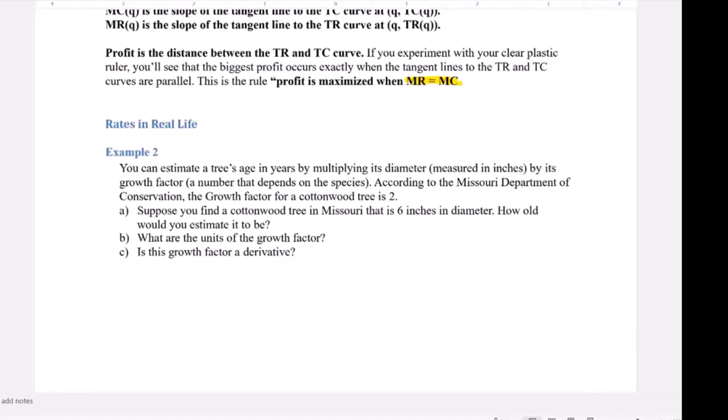So basically, what I'm saying is the diameter times the growth factor is equal to age.